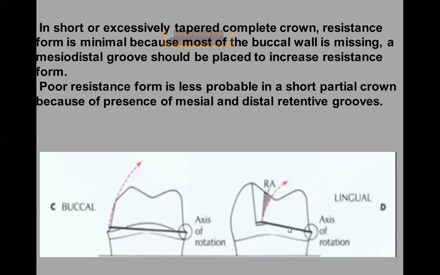While in the short or over-tapered partial veneer in picture D, due to the presence of the retentive groove preparation, again we will have a resistance area, and the resistance will be present, and then the fixation of the restoration will be okay.